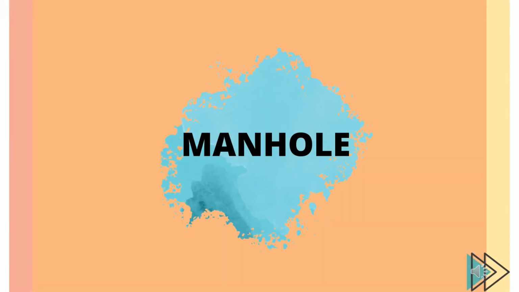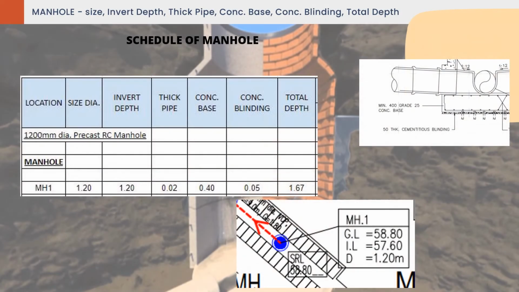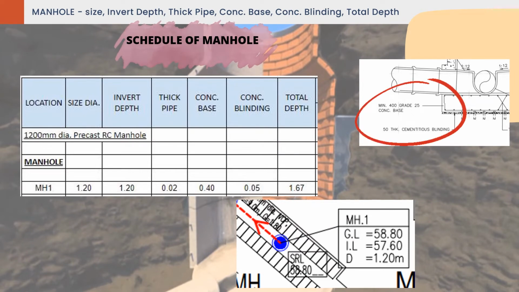Now moving on to manhole. First part for schedule of manhole, it consists of location, diameter in meter, invert depth in meter. The invert depth is stated in the drawing as shown below.